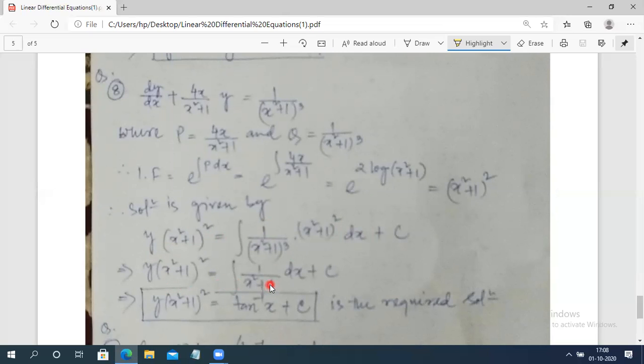On the right hand side, the 1 upon x square plus 1, this whole square will get cancelled, and only in the denominator there will be 1 x square plus 1, and if you integrate this it will give the value tan inverse x. So this is your solution.